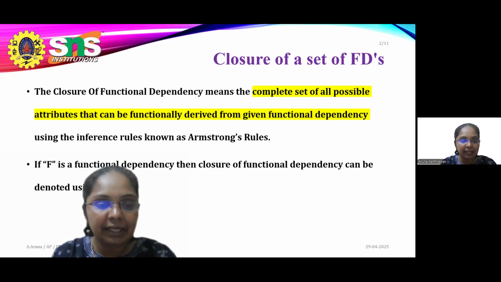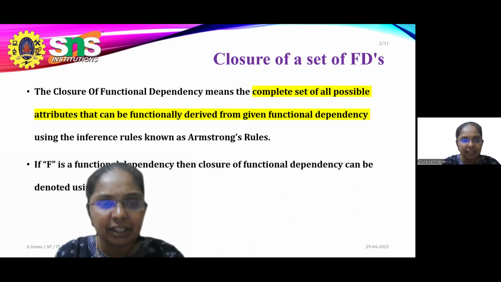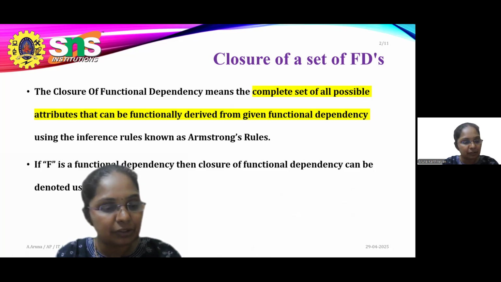Here it is F closure. If my attributes are A, B, C, D, and F, in this case I can identify A closure, B closure, the combination of all 6 closures, everything we can identify.